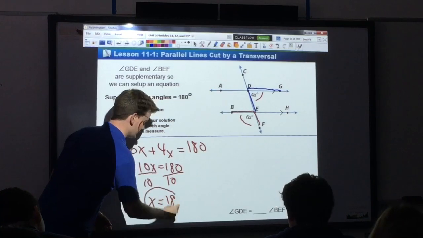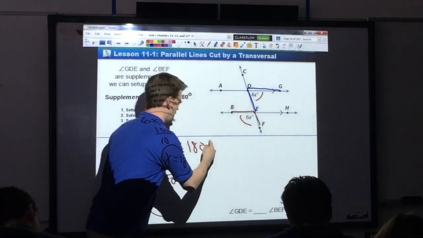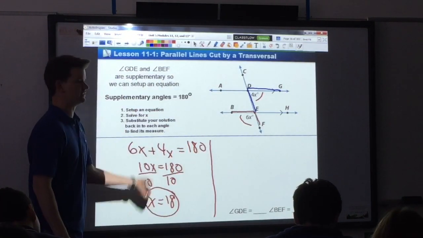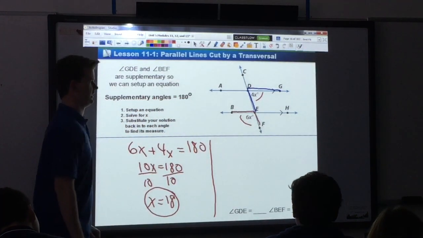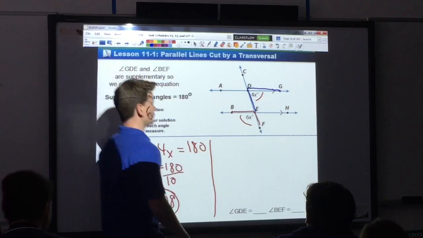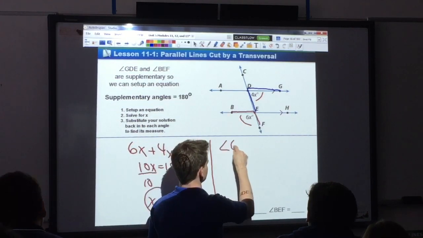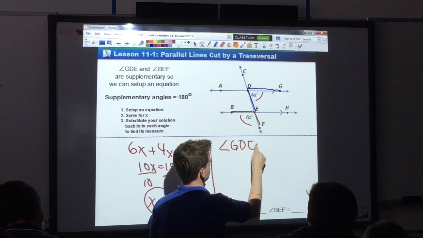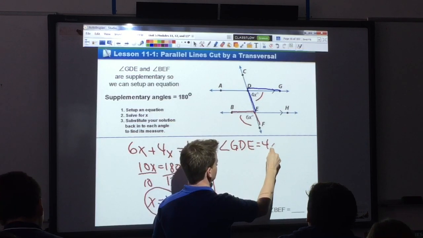But is that my answer? No. I now have to go back and substitute this into each expression to find what the measure of this angle is and what the measure of this angle is. So I will deal with GDE first, angle GDE, that equaled 4x.